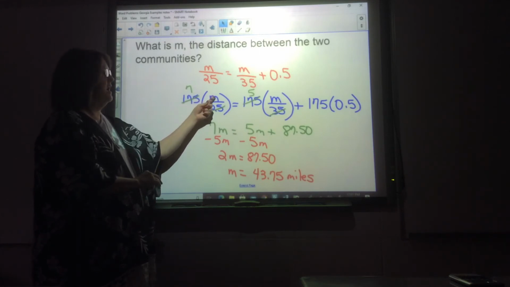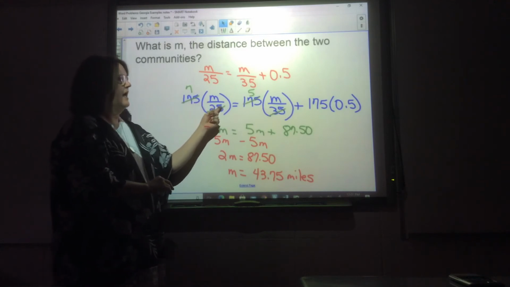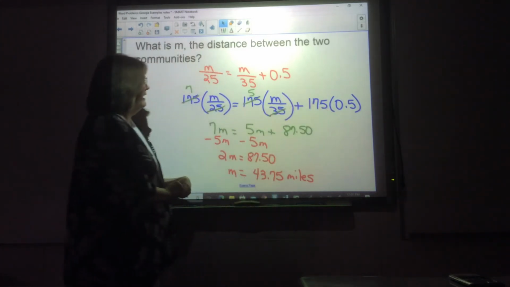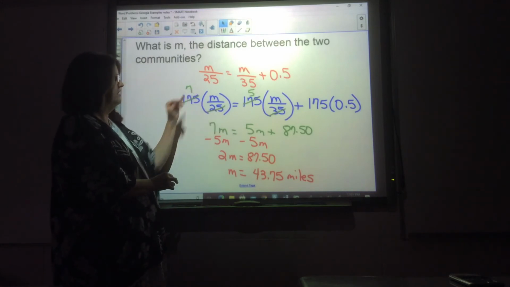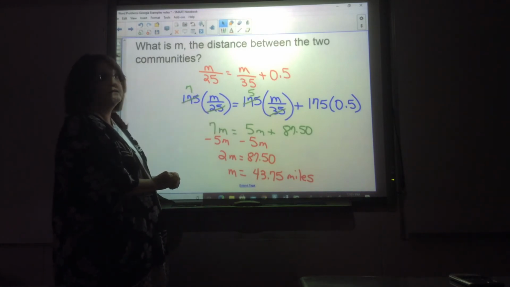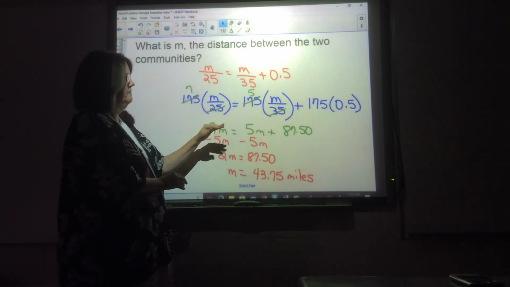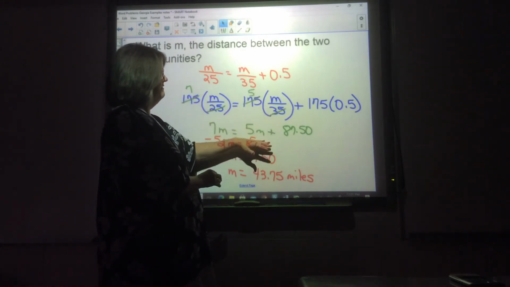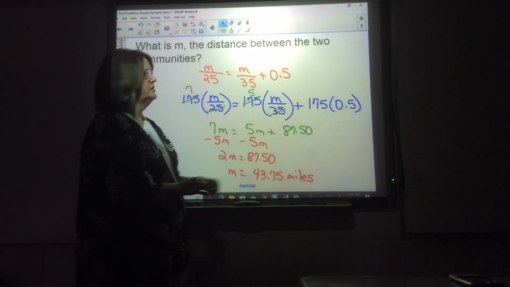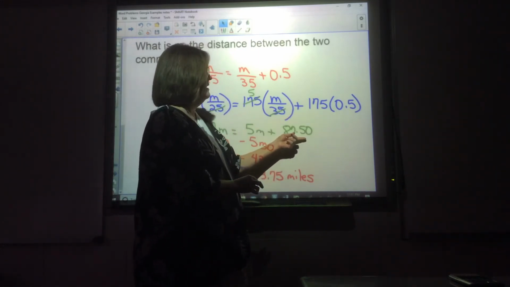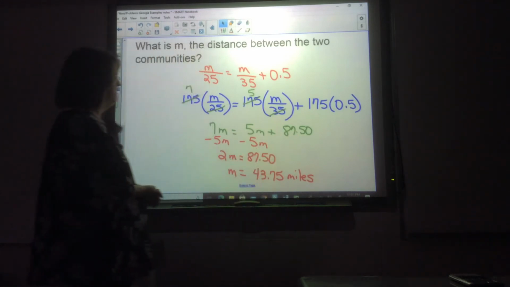So 175, you want to multiply that by each part of the equation, which I've done here. And then 25 goes into 175 7 times. What that does is that clears the equation of the fraction. So 7 times m is 7m. 35 into 175 is 5. That gives me 5m. 175 times 0.5 is 87.5.